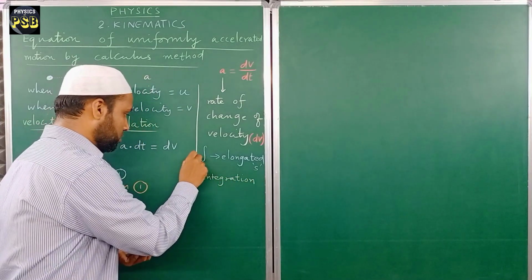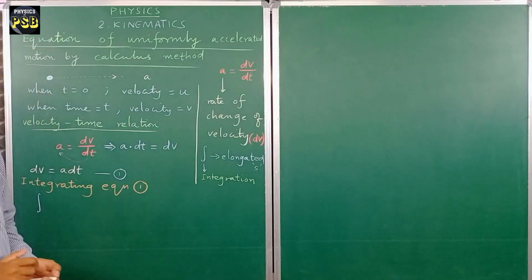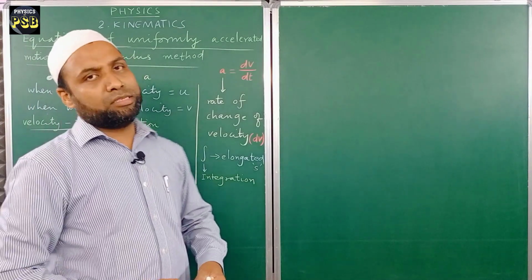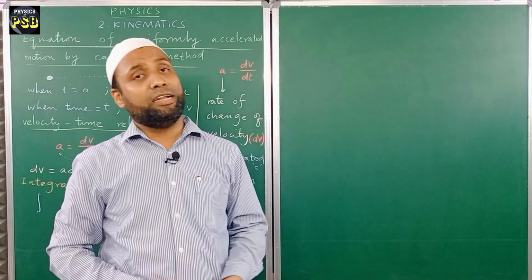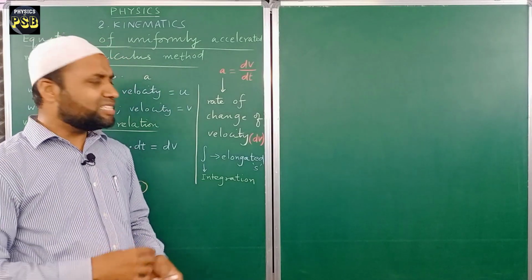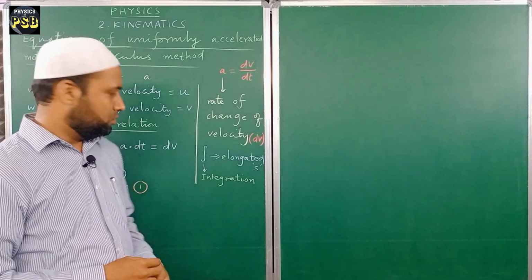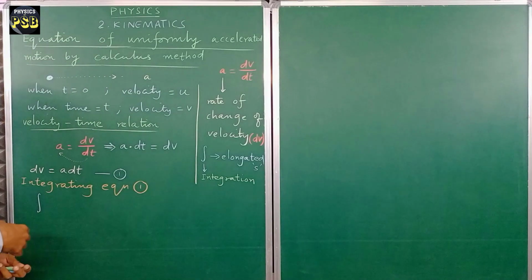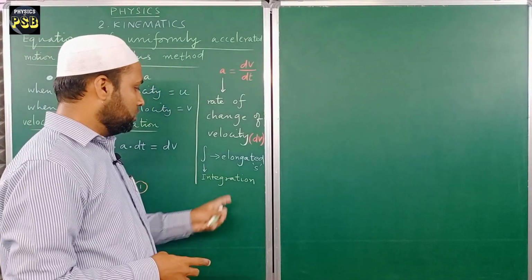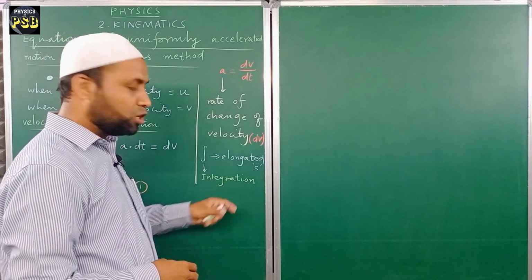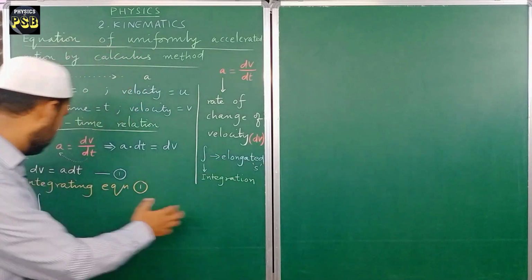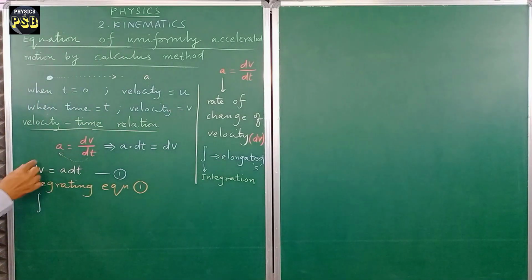Clear? So why is S used as a symbol for integration? Here this S stands for summation. It is a kind of summation process. And differentiation is just the opposite of integration, and it is represented by the letter D. Clear? Let's go ahead.